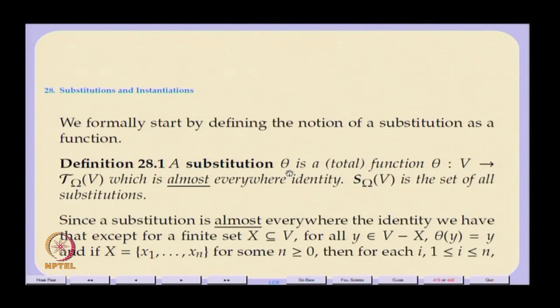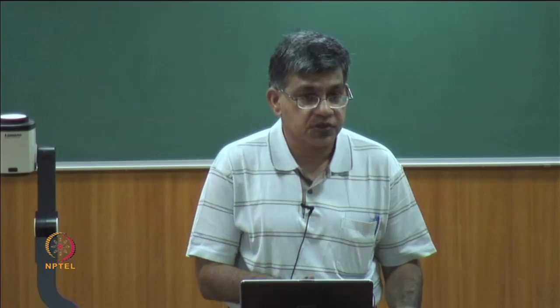A substitution theta, as far as we are concerned, is a total function. Fundamental to every term algebra, which also includes first order logic, is the set of variables V. A substitution is a total function from the set of variables to the set of terms.